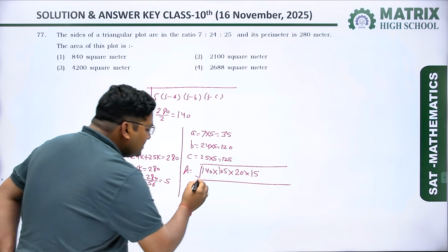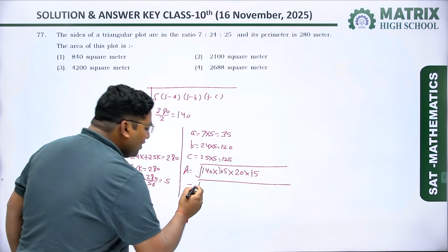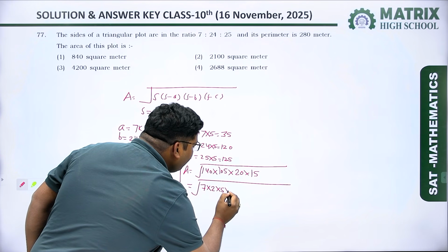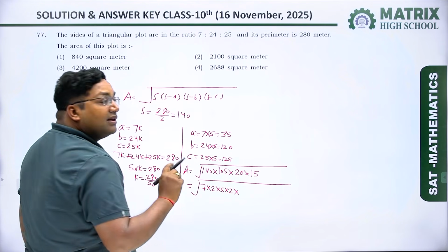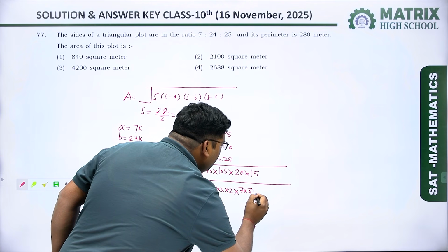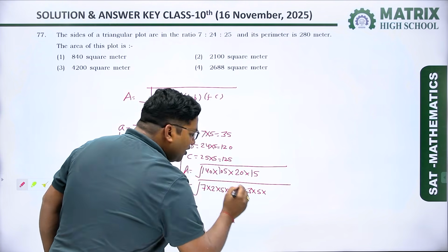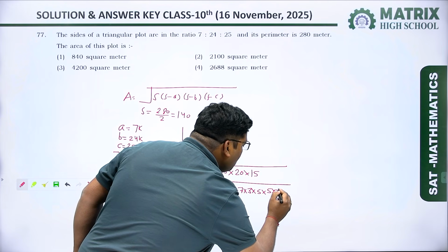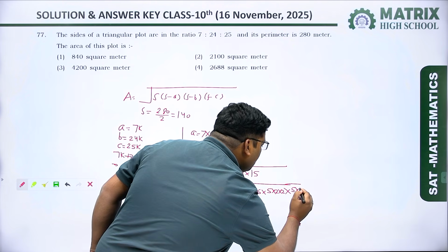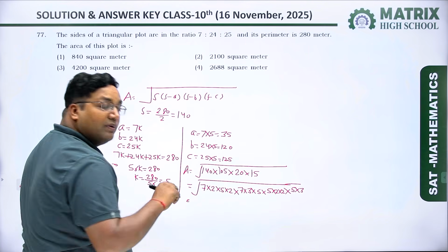So I have to write the factors. The factor of 140 is 7 into 2 into 5 into 2. Similarly the factor of 105 is 7 into 3 into 5. Factor of 20 is 5 into 2 into 2 and similarly the factor of 15 is 5 into 3. Now we have to make pairs.